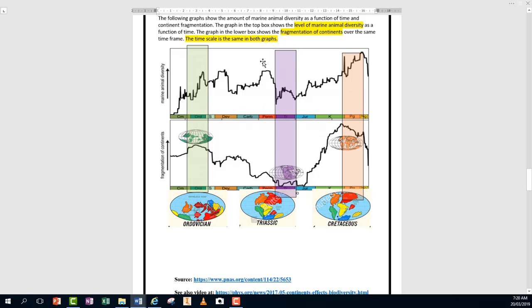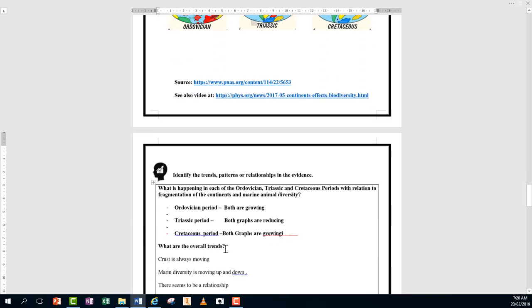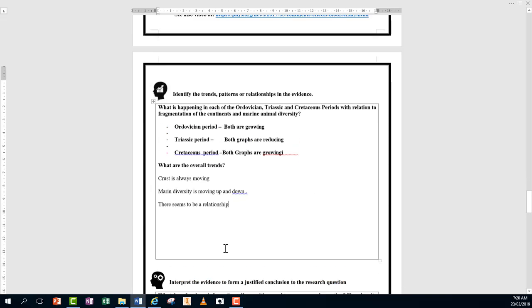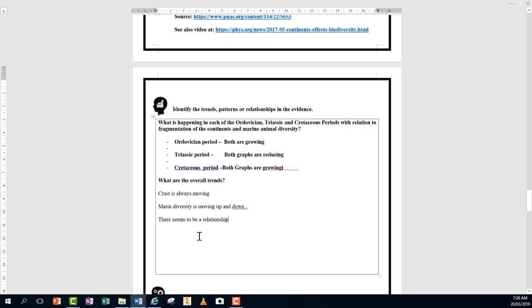That there is a little bit out, but we can see that they came back together. So that started to grow up when that happened there as well. So I'm thinking we're seeing some sort of a similarity between the two graphs. And they're the three primary things I'm going to show you. And I think there are other things that you would be able to add to the overall trends.